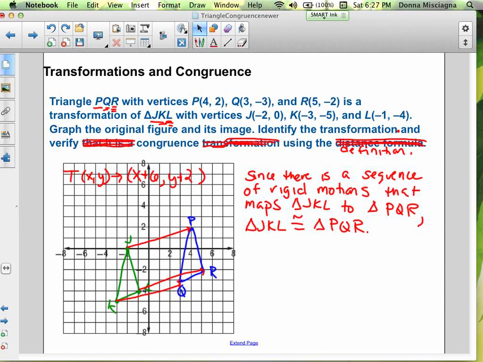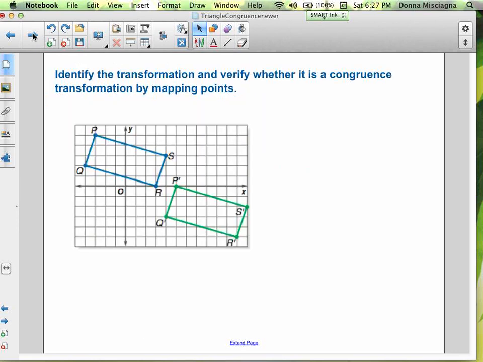All right, so here's this one. And then we're going to do this one as soon as it comes up. There we go. This one's already graphed. So we want to identify the transformation and verify whether it's a congruence transformation by mapping points.